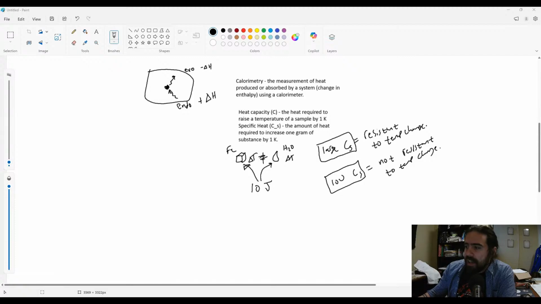Now, we can solve for the specific heat using an equation. So the specific heat is equal to the quantity of heat transferred, which we represent by Q. You may recall Q as being heat transfer from this equation: delta E is equal to Q plus W. So Q in this case is the heat transfer.